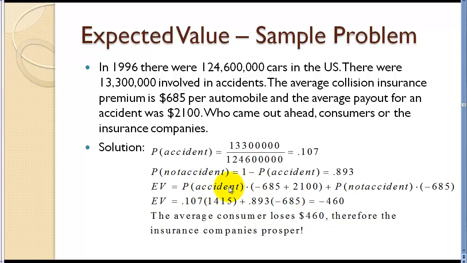Now when we're in an accident like the lottery here, we would get a payout, but we also paid the premium, so that's our net amount of money if we're involved in an accident. If we're not in an accident, we're just paying out the money, and if you calculate that, the expected value is negative 460. So the insurance company is making $460 profit on every car. So it's not a bad business.